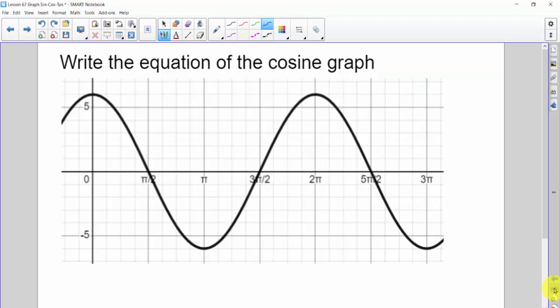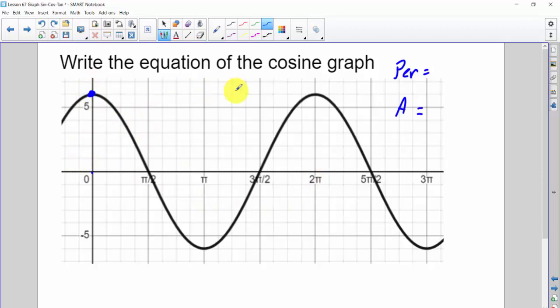And then we've got to actually go backwards. Here's a graph, and we want to find the equation of this graph. And in order to do that, we're going to need to find the period and the a value to be able to write our equation. So in this case, this looks like a cosine graph because it starts at 0 and has a high value.